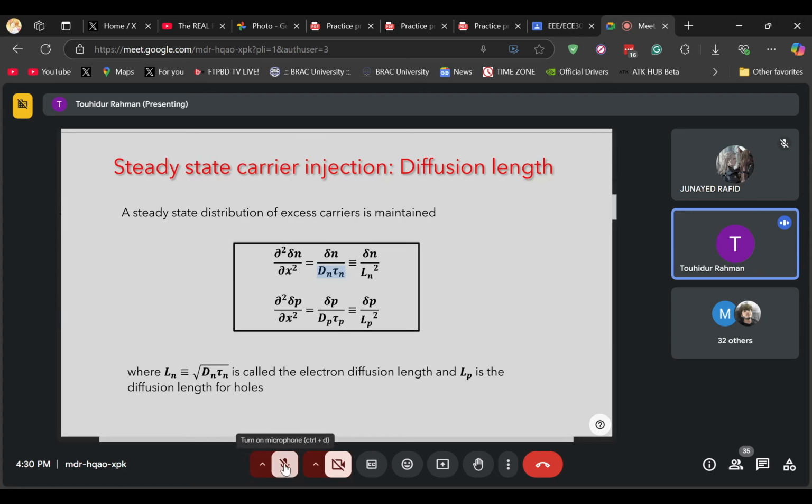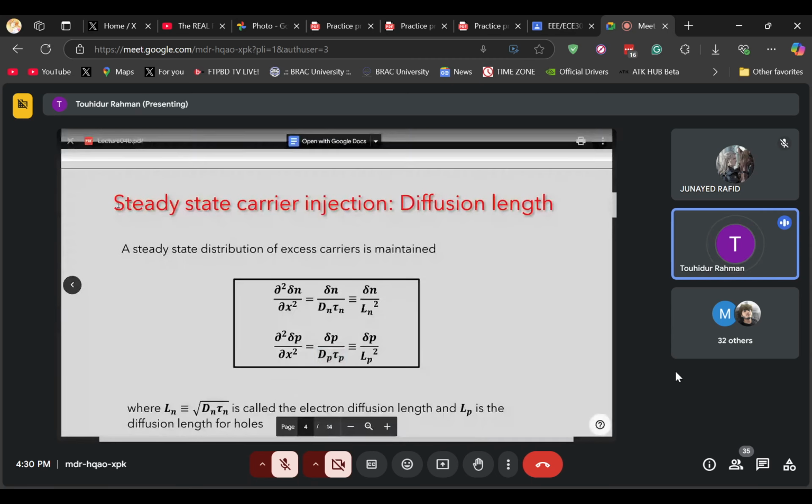Concentration difference, is it a function of time or function of x? X, sir. Right. Okay, so that's what we have on the left hand side, and that means this part represents diffusion and tau represents recombination. So again, this equation combines diffusion and recombination together, but with a special case of steady state.